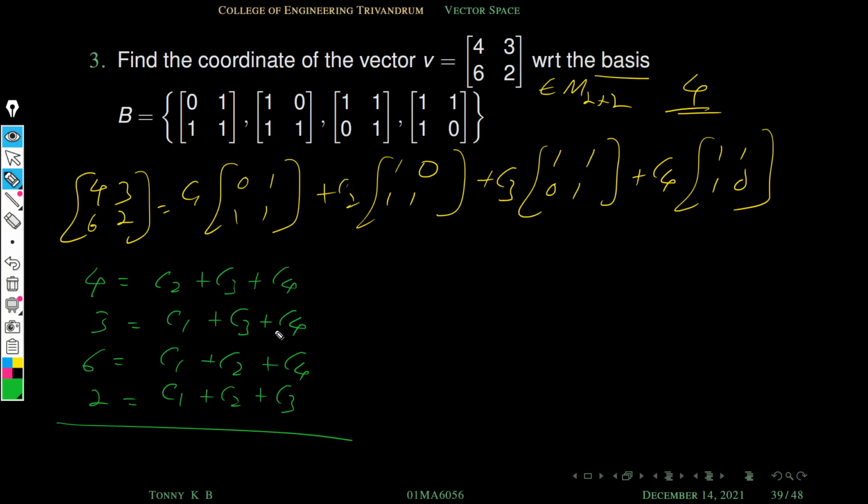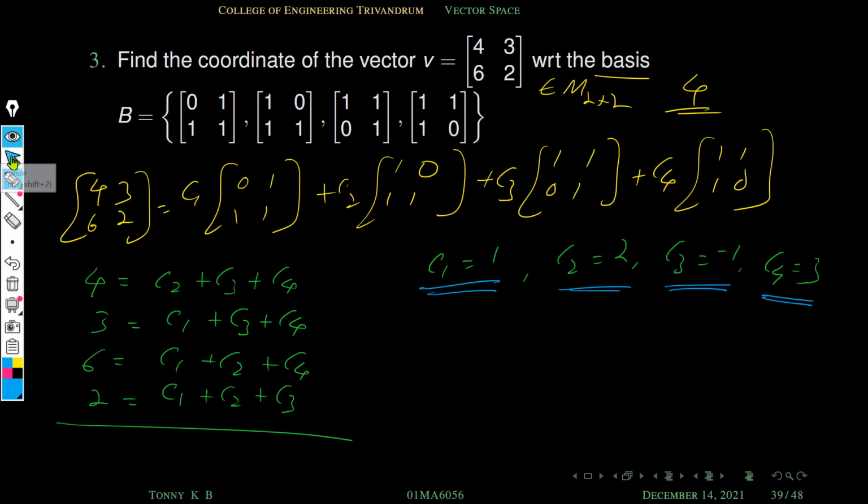You can solve either by the normal method of eliminating the unknowns, or you can use the Gauss elimination method. Anyway, its solution is c1 equal to 1, c2 equal to 2, c3 equal to -1, and c4 equal to 3.